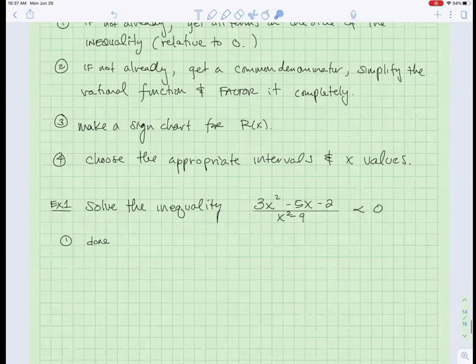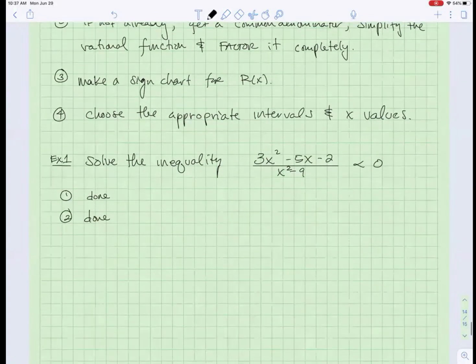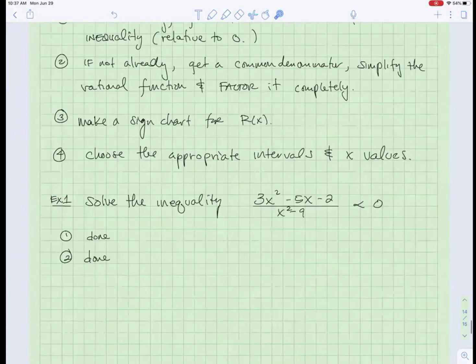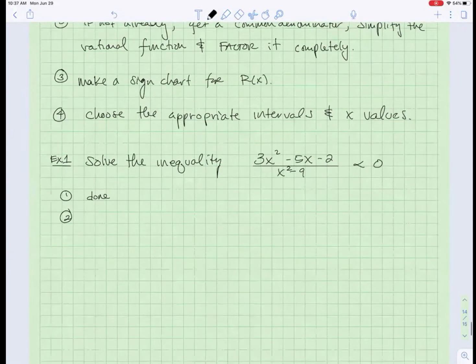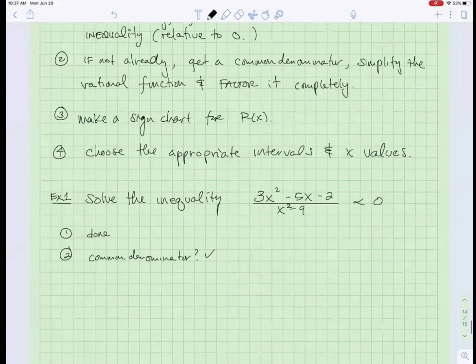Step 2 here is actually already done. I already have a common denominator. It's all combined into one giant term. Common denominator, check. Then it says simplify it.